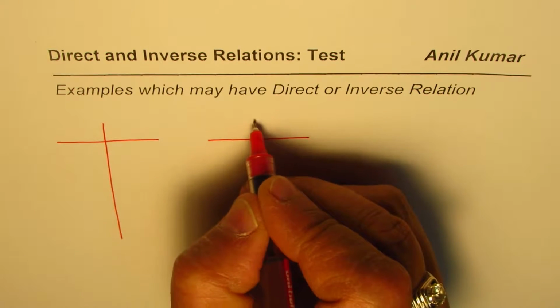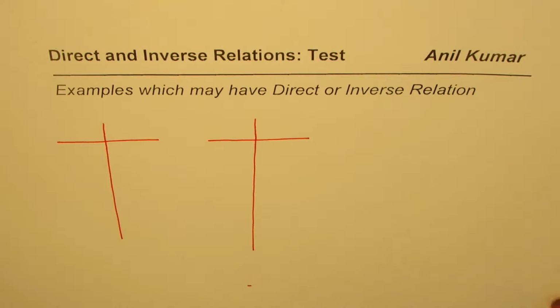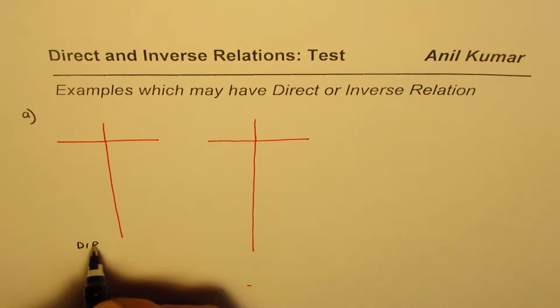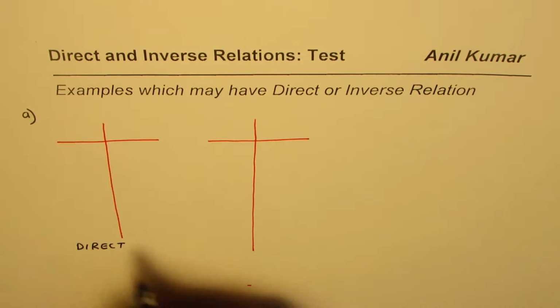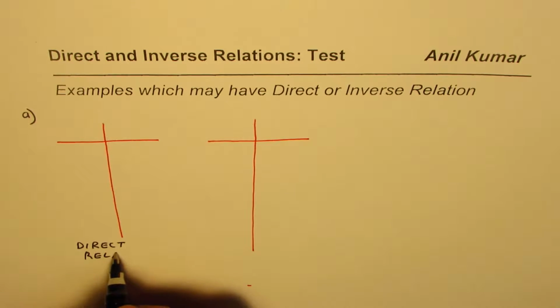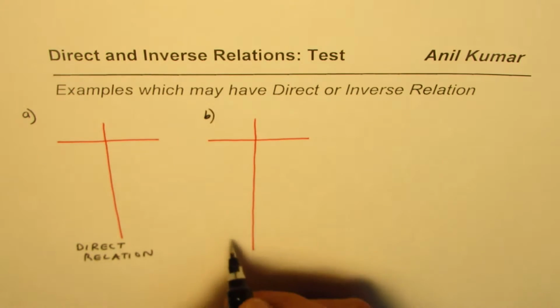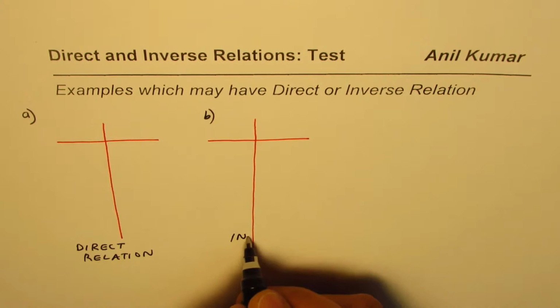which we have to list on a table to ensure that table A leads to direct relation, and table B values lead to inverse relation.